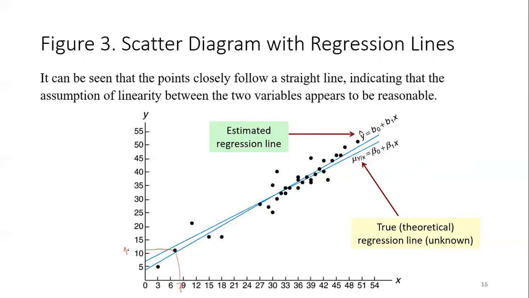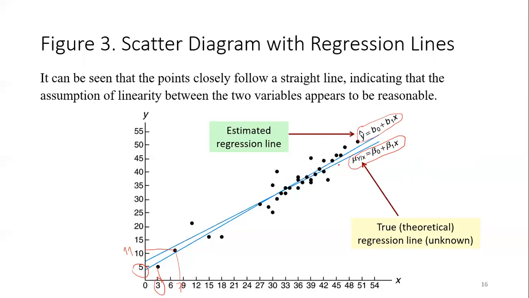This is 11%, this is 3, and this is 5. If you put all of them, this is the true theoretical regression line. This is the true hypothetical regression line that we don't know. We will never know. And this is the estimated line, which we estimated using these 33 different points.